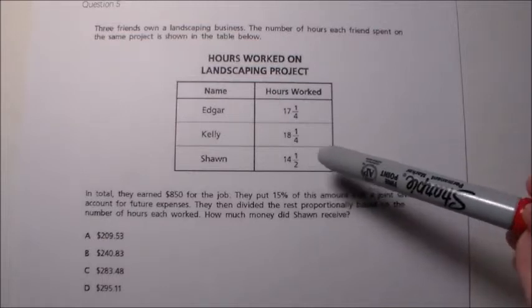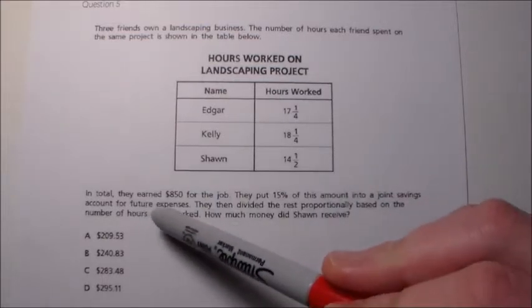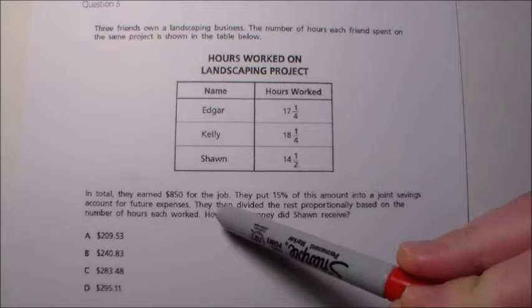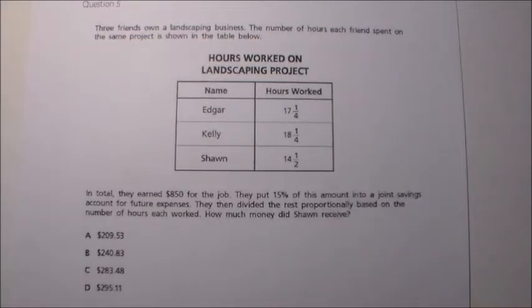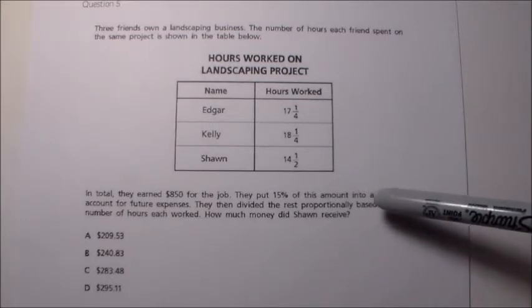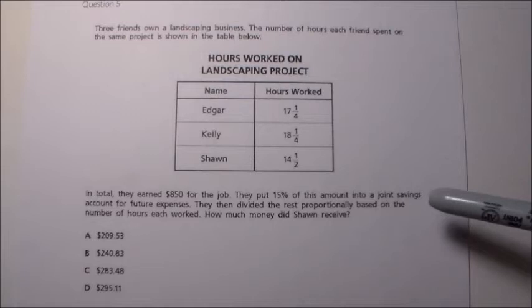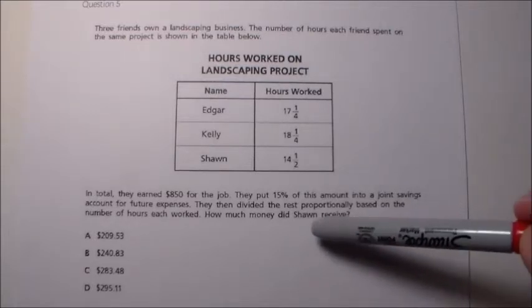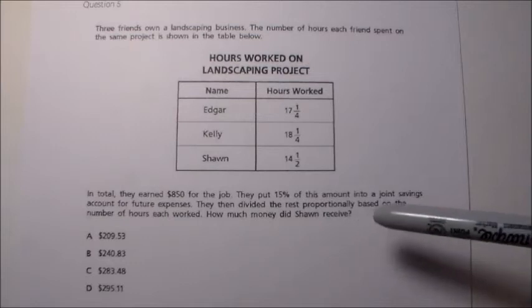In total, they earned $850 for the job. They put 15% of this amount into a joint savings account for future expenses. Then they divided the rest proportionally based on the number of hours each worked. How much money did Sean receive?